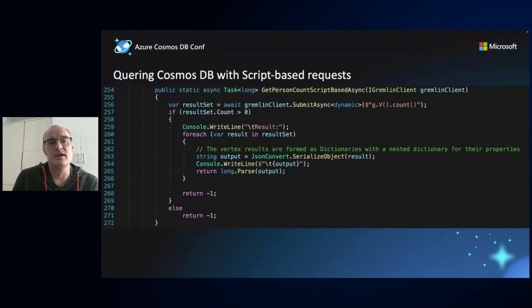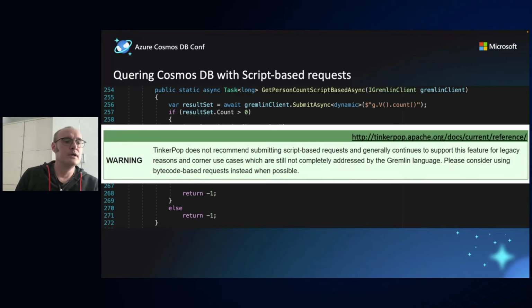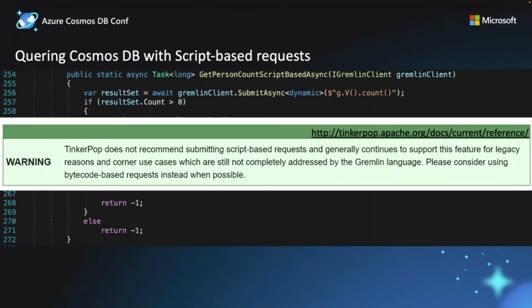So I have to take care myself to deserialize or serialize it into the correct objects afterwards. And that is something I don't really want to have, and that the TinkerPop project as well does not recommend anymore. So these script-based requests are now replaced by the so-called bytecode-based approach.